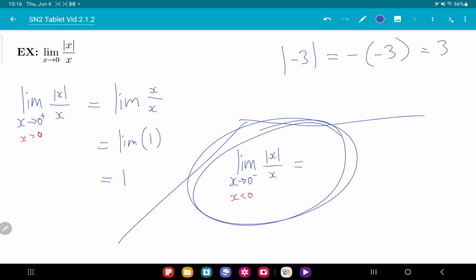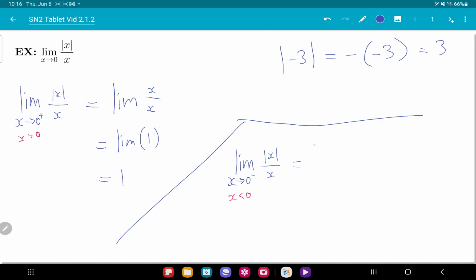Okay, so we'll apply that idea down here. We get the limit, so we get negative x on top. Negative x, there we go. Now this negative here is serving the same role as this negative up here.